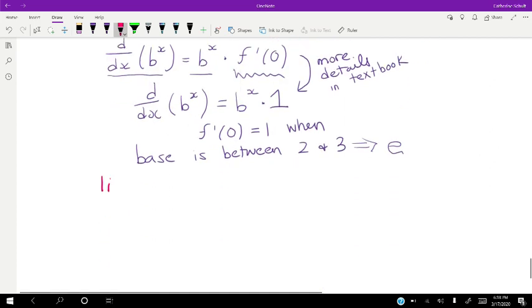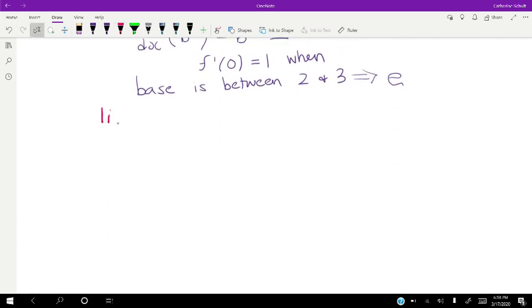So let's go down here, because that's a big conclusion. Where does e come from? It comes from calculus and trying to figure out how to take the derivative of exponents. So let's change that base to e, and this is equal to 1. So e is the number that makes that derivative 1.